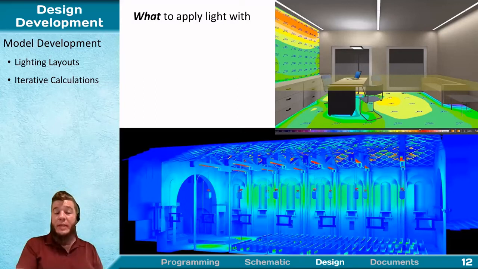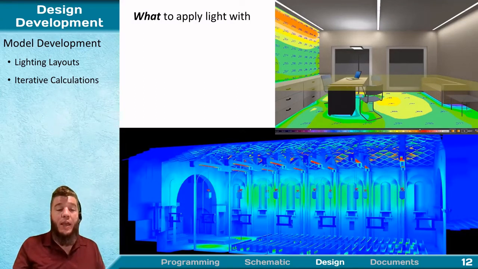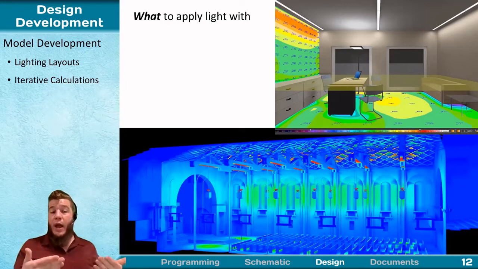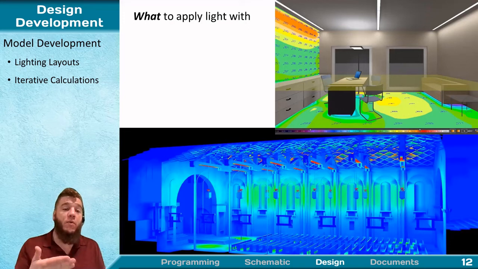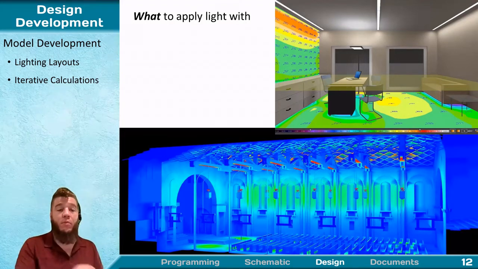And that's what we're going to be looking at on Tuesday and Thursday: how we set up those calculation grids within our lighting software so that we can get that fast feedback and understand the performance of what we're specifying.